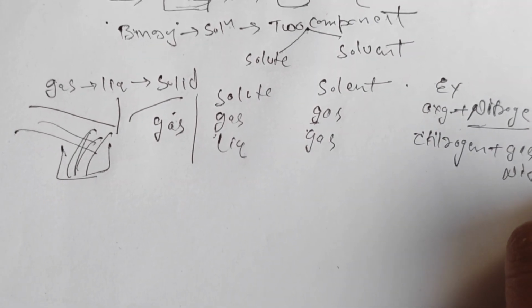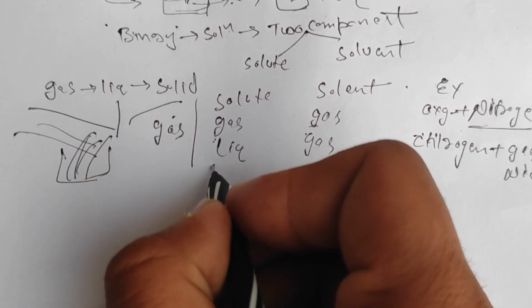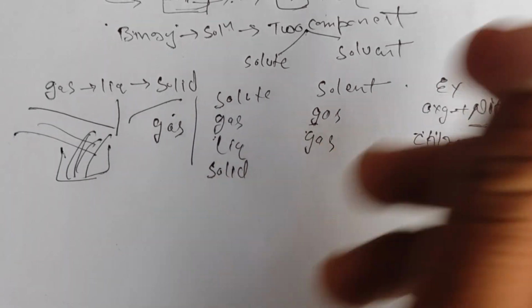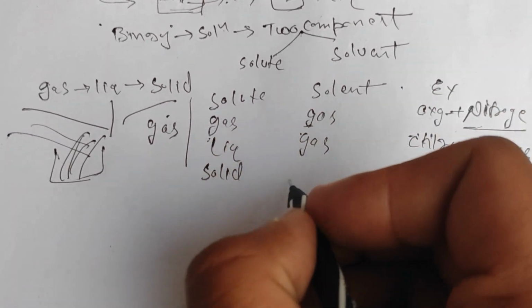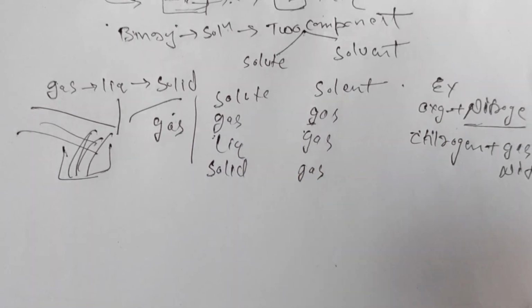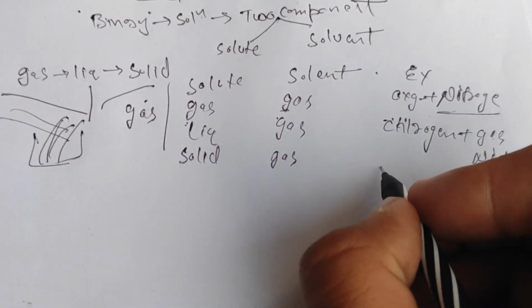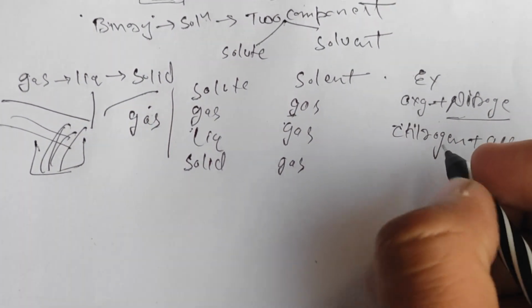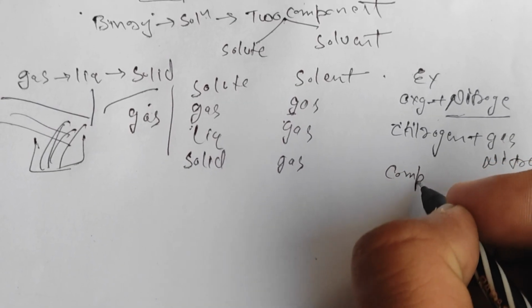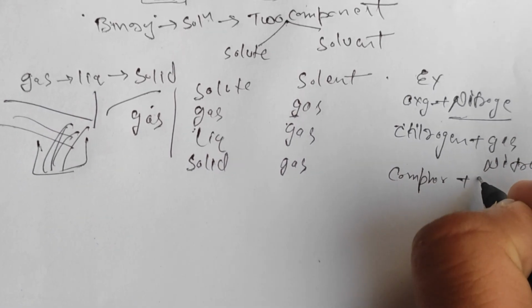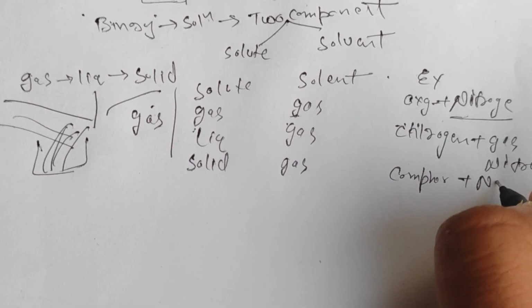Third, solid is our solute and the solvent is gas. In this case the example may be camphor plus, again, nitrogen.